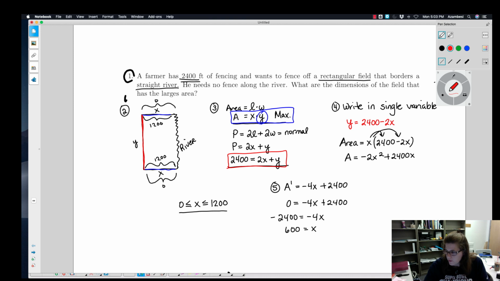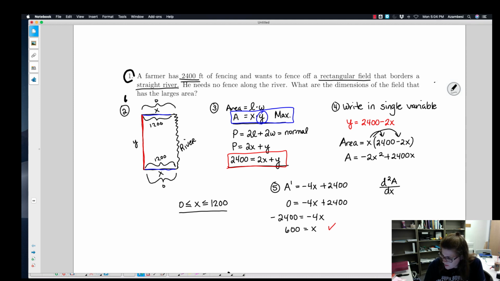So we have one critical point here, and that's at x equal to 600. Now if I were to consider the second derivative, d2A/dx2, then we're taking the derivative of A prime, so A double prime gives me just negative 4. This is always negative, which means that our critical point is a max.